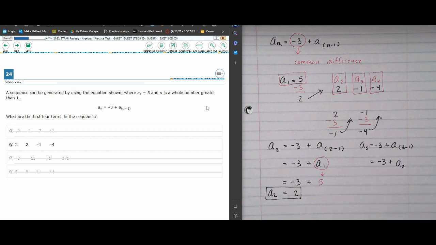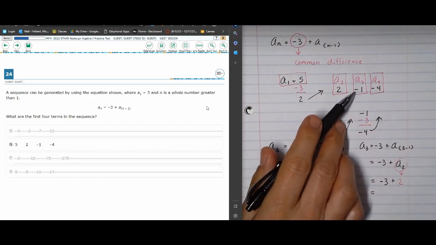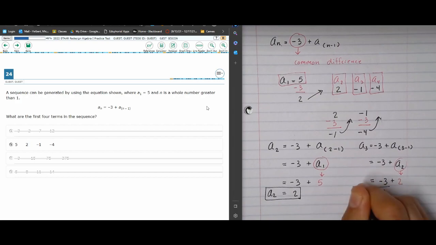So that would tell us to just go ahead and substitute our value for a sub 2 that we have found, which was 2. And we would do the math. And once again, we would have the same answer that we already got up here because we already followed that process, and it would be negative 1. So a sub 3 is negative 1.